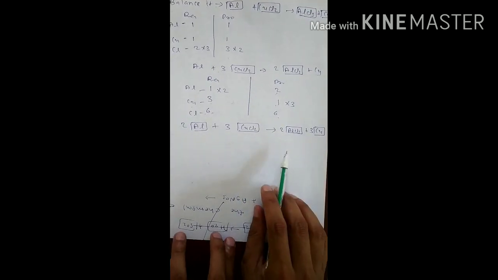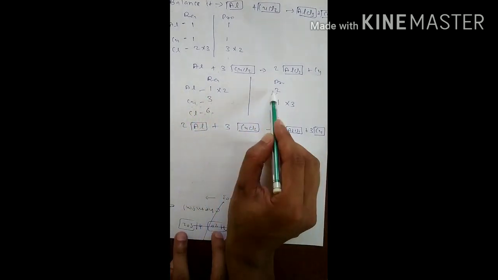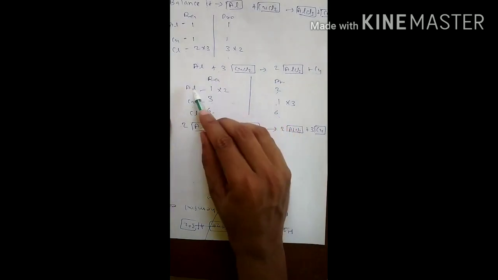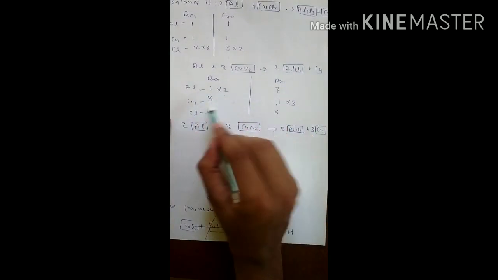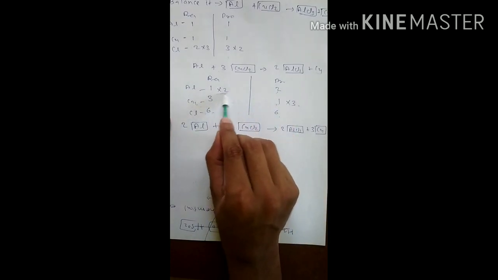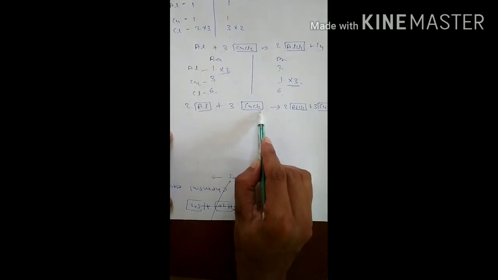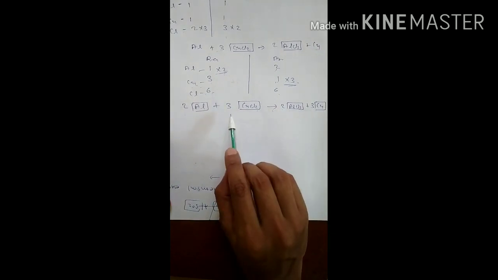Okay, so here aluminium and copper both are not balanced now, so I am multiplying aluminium on the reactant side by 2 and copper on the product side by 3. Okay, I have done this multiplication, so I will get 2 Al plus 3 CuCl2 gives 2 AlCl3 plus 3 Cu.